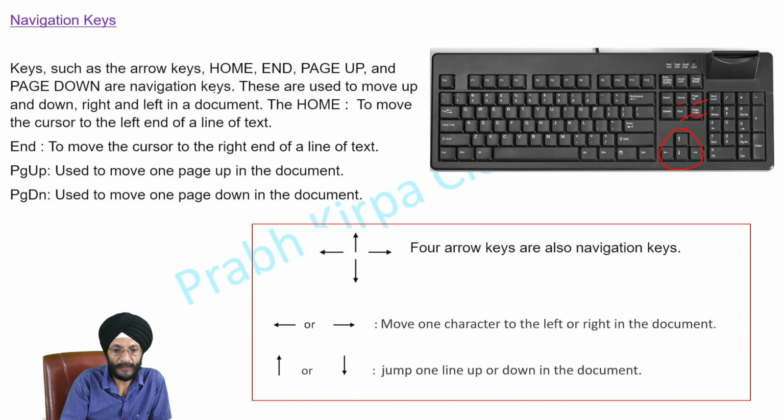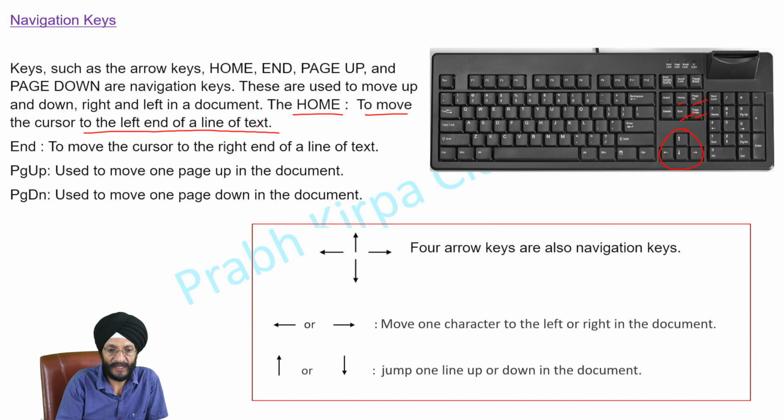Now what is the purpose of these keys? The home key is used to move the cursor to the left end of a line of text. That is, when you press home, the cursor will go here. And to move the cursor to the right end of a line of text, suppose the cursor is blinking here.